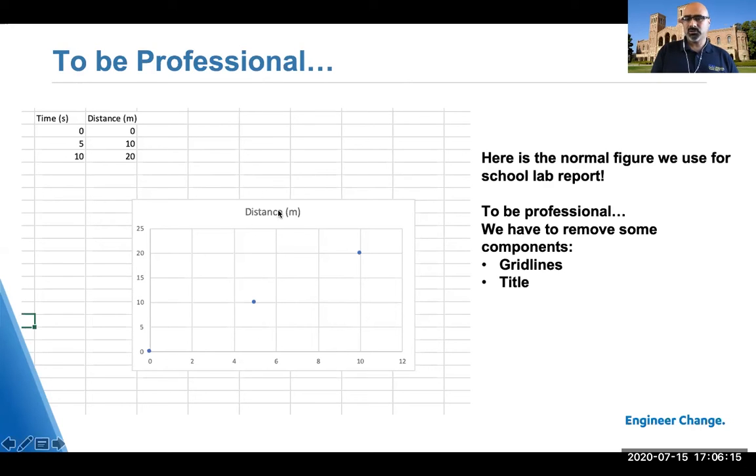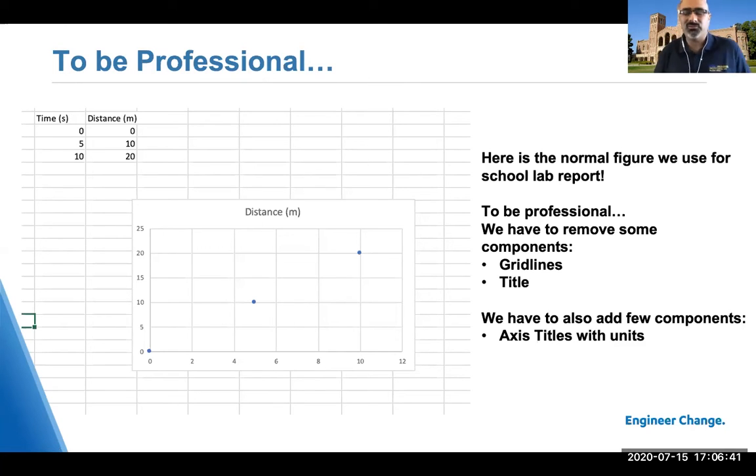You also, in general, want to remove the title, and I'll tell you why in a couple of slides. You also need to add some very important components. You have to add the axes titles with units. That is critical, right? We need to know what these numbers mean. You need to label that. And again, your experiments, your projects have some very funky, weird data collection methods that have different weird units that you have to explain.